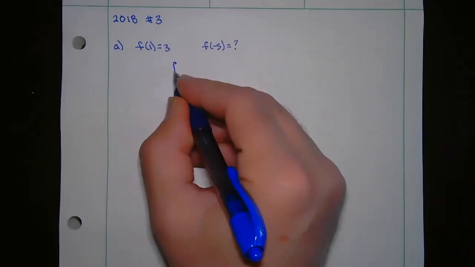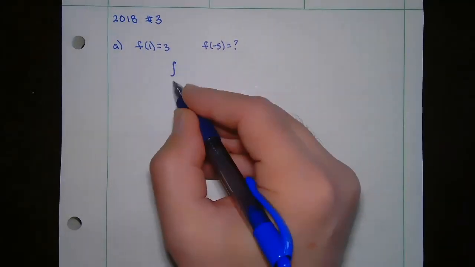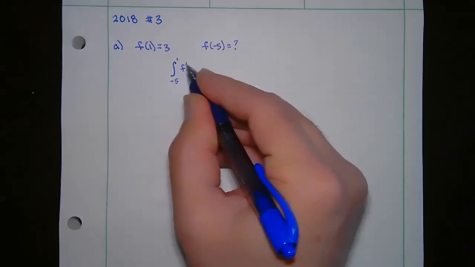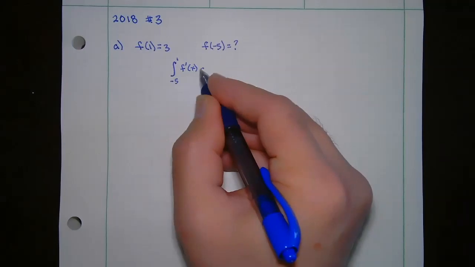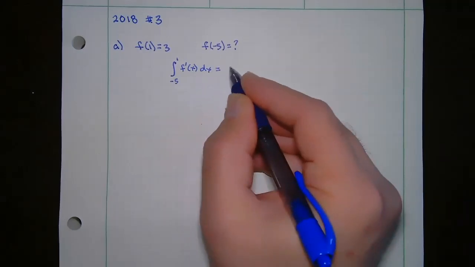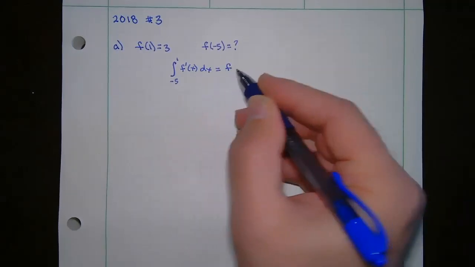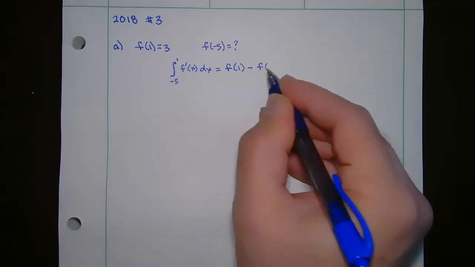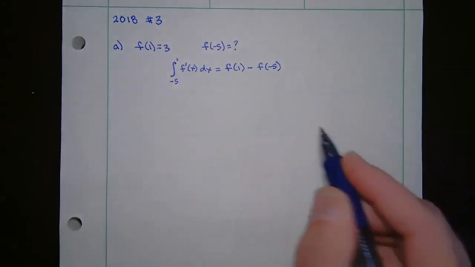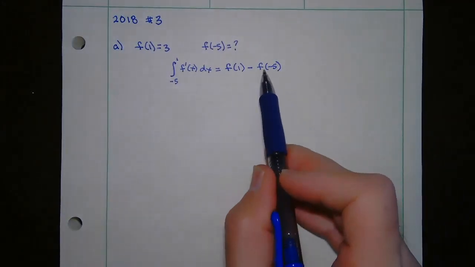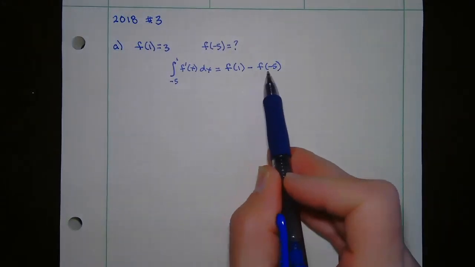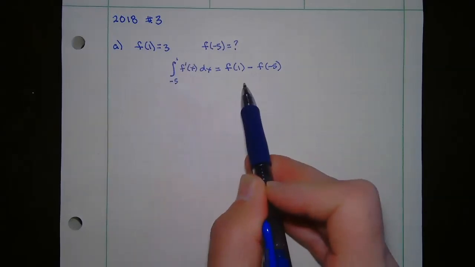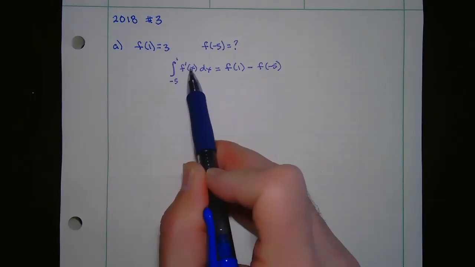So I know if I integrate from -5 to 1 f prime of x dx, that's going to come out to be f of 1 minus f of -5, okay? Because I have minus f of -5, I move that over to the left-hand side and the integral to the right-hand side, and f prime of x becomes g.